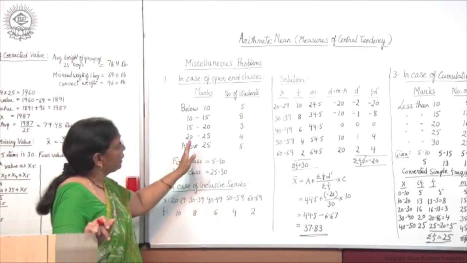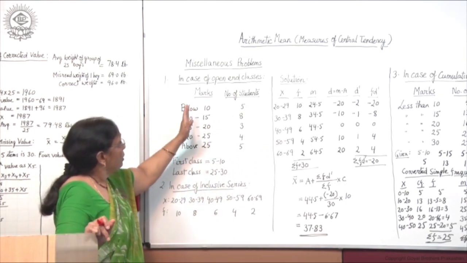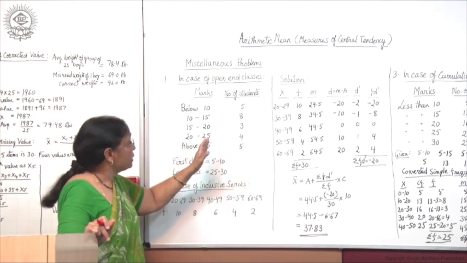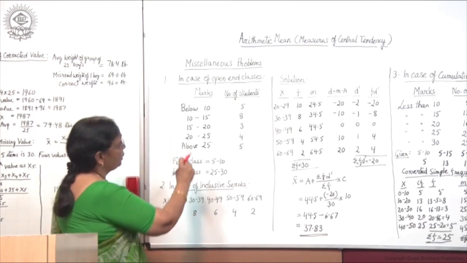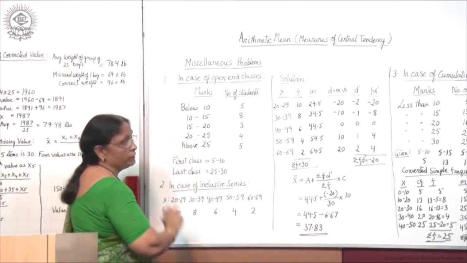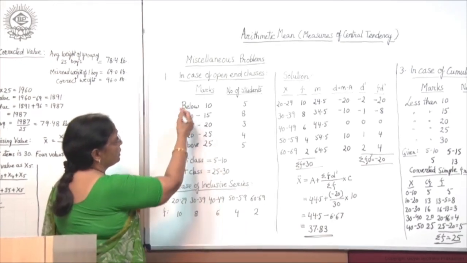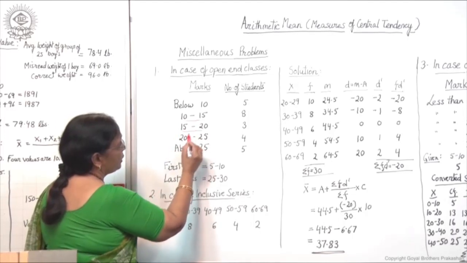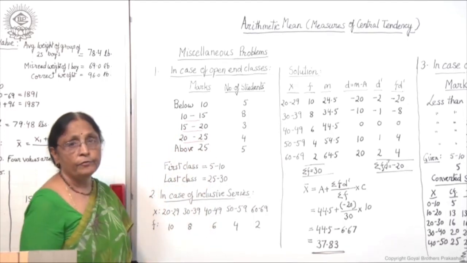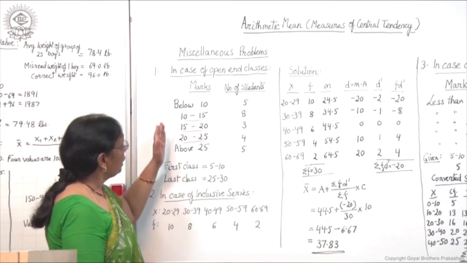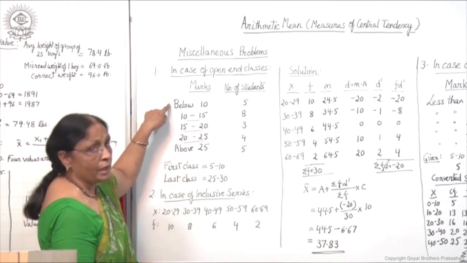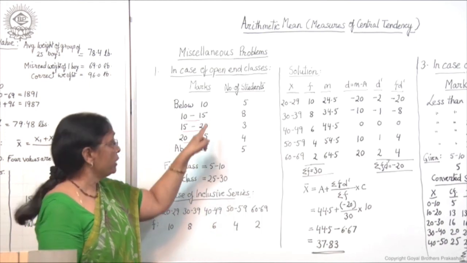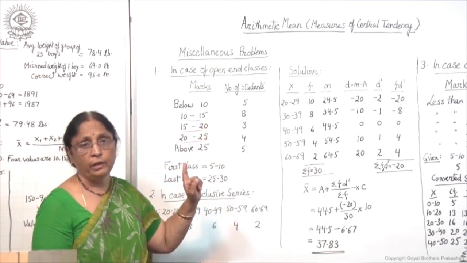Now how to calculate arithmetic mean in this case? Here the marks are given and the number of students are given. In such a case, first you will see what the class interval is over here. In this example, the class interval here is 5, here again it is 5, here also it is 5. So you will assume that here again the class interval will be 5 and here also we will assume it as 5, because there is equal class interval.